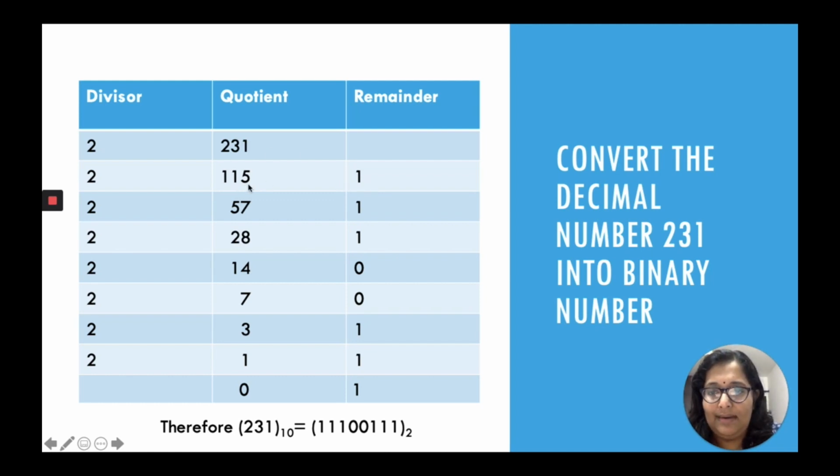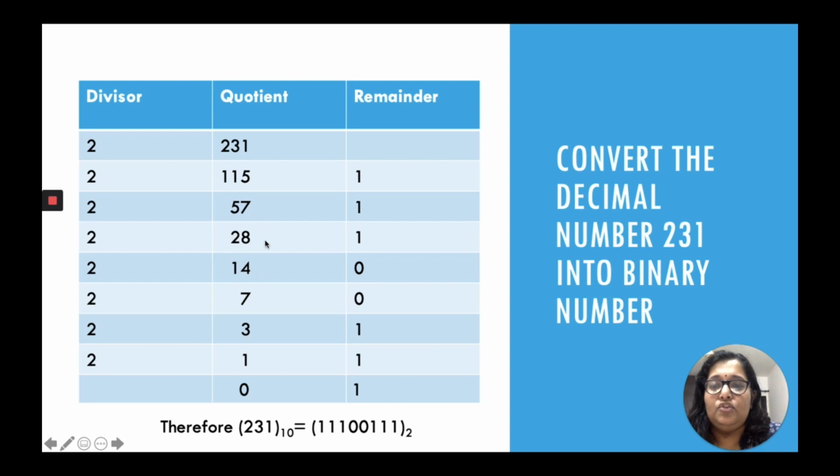You're going to divide 115 by 2. At that time, you get a quotient of 57 and a remainder of 1. Again, you're going to divide 57 by 2. You get a quotient of 28 and your remainder is 1.